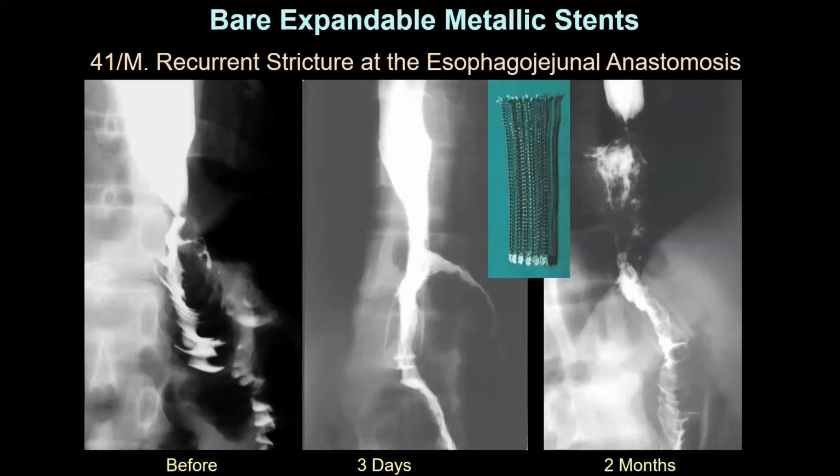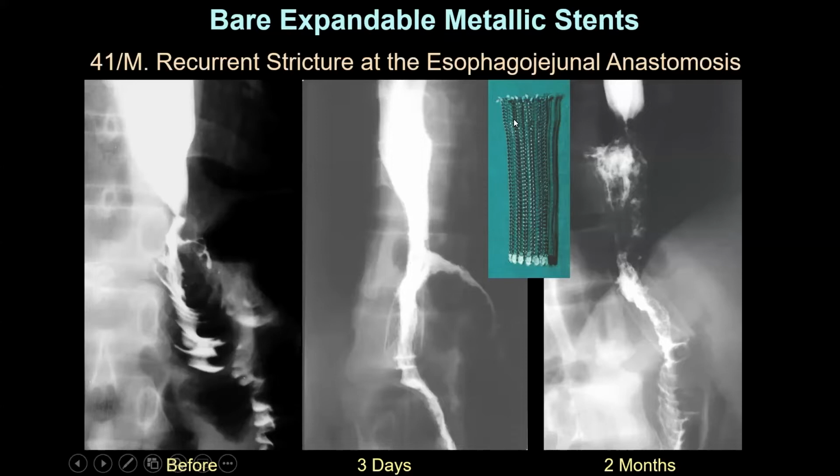Should we place the bare expandable metallic stent for patients with benign esophageal strictures? The answer is no. Why? I'll show you two examples. This is a patient with a recurrent stricture at the esophageal anastomosis. You can see stricture which is recurrent after balloon dilation.